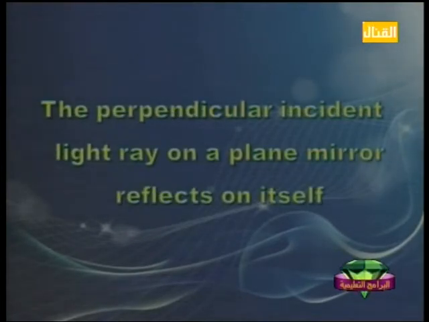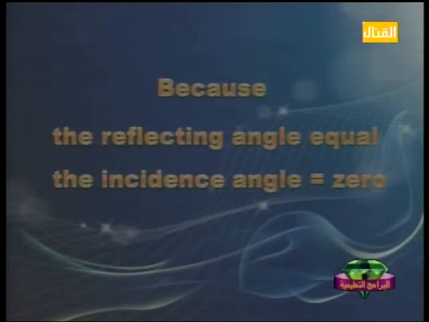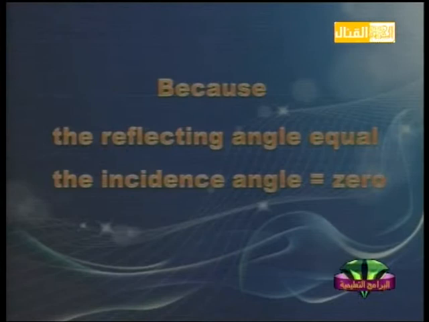After that, another sentence. The perpendicular incident light ray on the plane mirror reflects on itself. Again, the perpendicular incident light ray on the plane mirror reflects on itself. Why does it reflect on itself? Because the reflecting angle equals the incident angle, which equals 0.